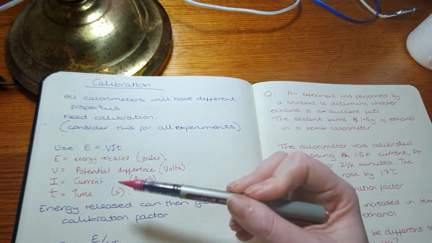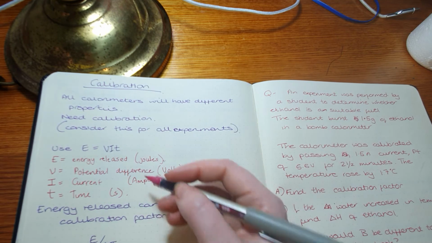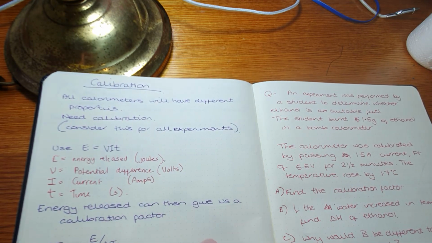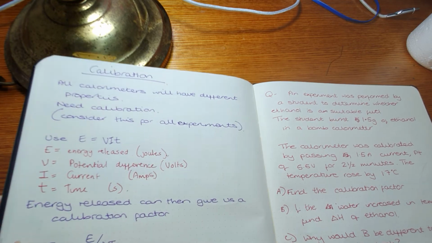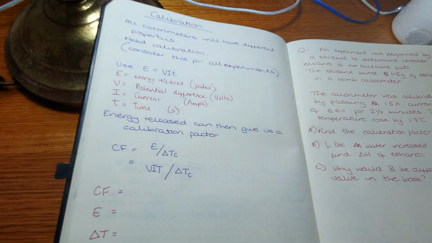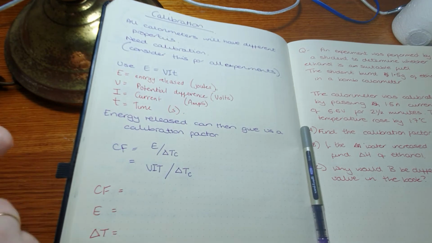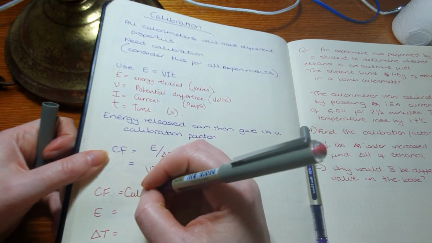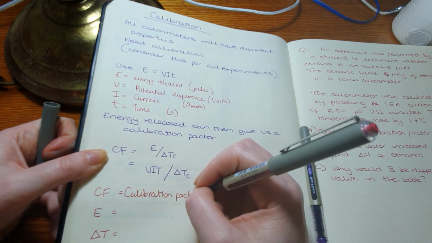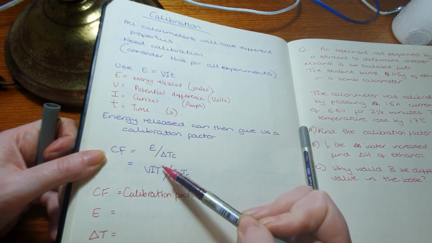I'll go through an example because just showing you this doesn't mean anything. So we've put these numbers in here and we've got our energy released, and then we can work out a calibration factor. That's specific for that piece of equipment. So our calibration factor is energy, which is the same as that VIT.